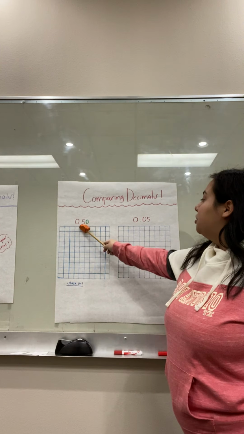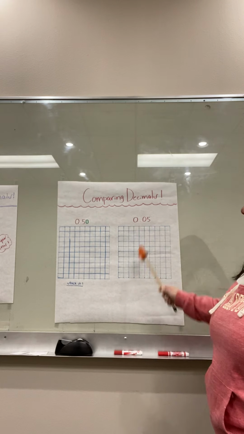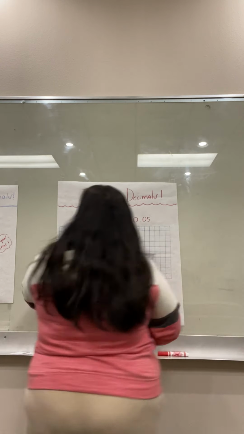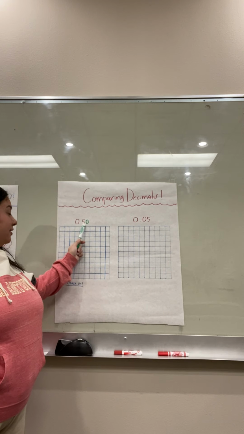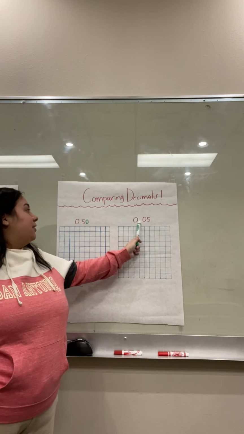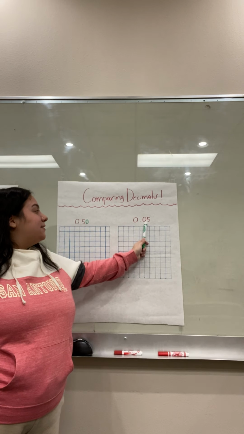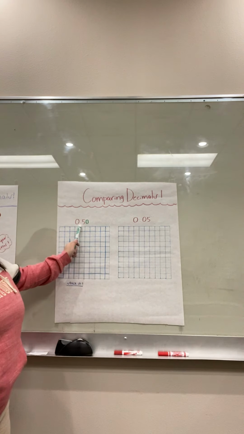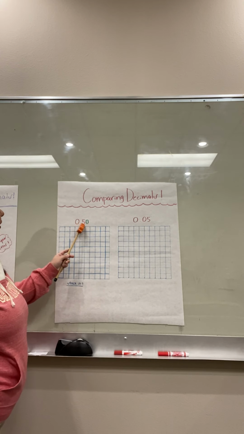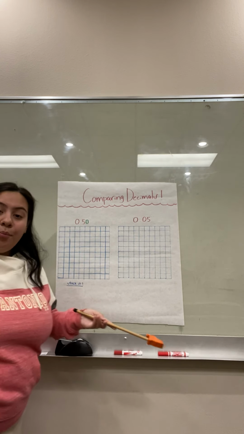So you have 0.50 and 0.05. Remember, this is our tenths place value and our hundredths. So we have our tenths and our hundredths. So if we have 0.5, that's 0.50.